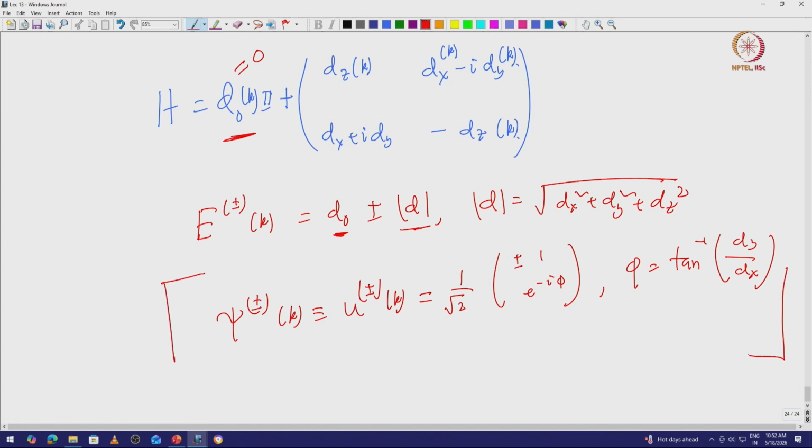This is only true when dz is equal to 0. For other dz we will see, but even when you have dz, you will see that the eigenstates do not depend on d0. So, I will ignore this.